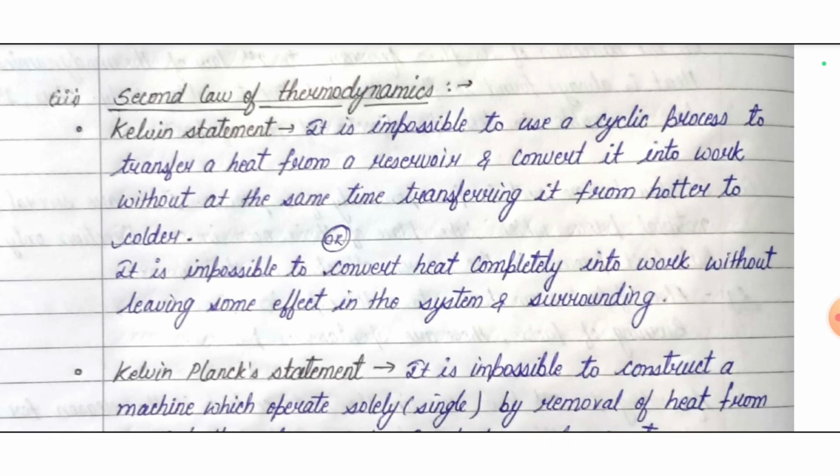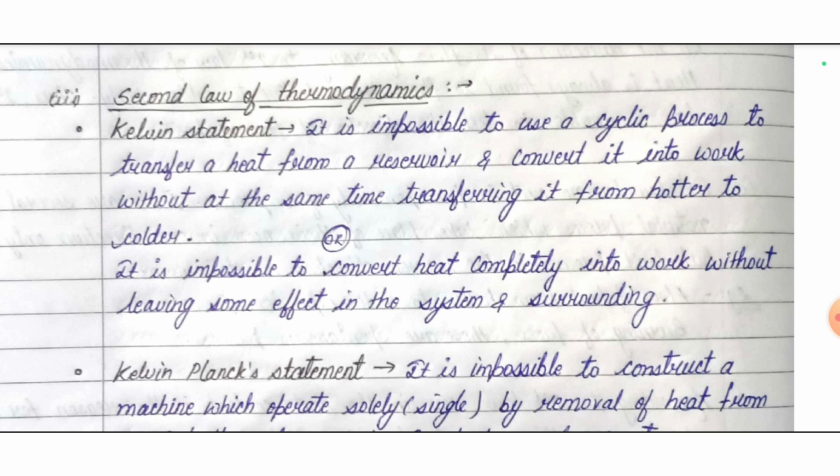Second law of thermodynamics. Kelvin's statement: It is impossible to use a cyclic process to transfer heat from a reservoir and convert it into work without at the same time transferring heat from hotter to colder.